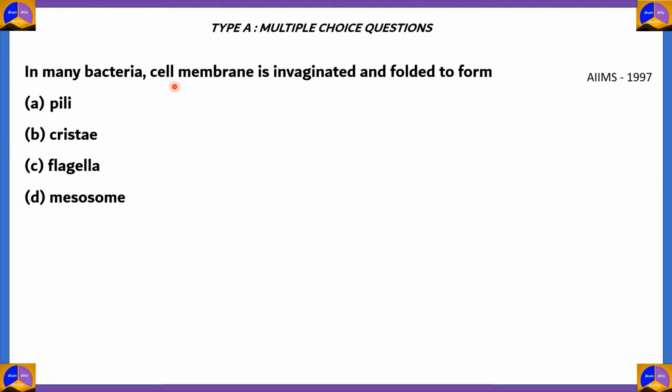In many bacteria, cell membrane is invaginated and folded to form A. pili, B. cristae, C. flagella, and D. mesosome. Let's look at our options.